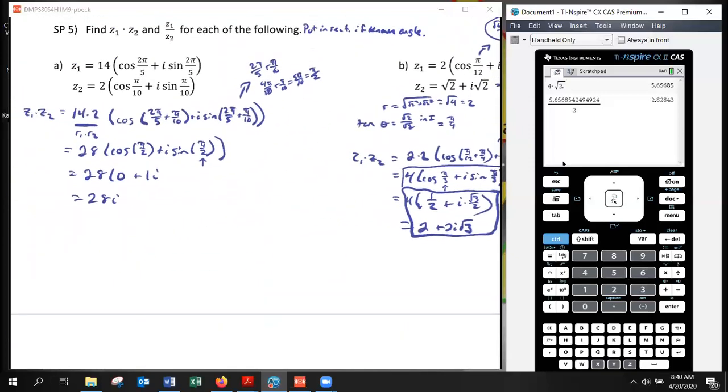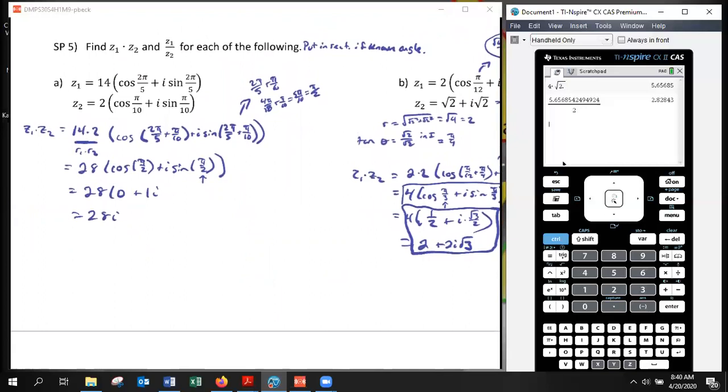Simple as that. So last thing that we get to do today would be, let's do this in that red color, that if I want to take Z1 divided by Z2, so that will be 14 divided by 2, because I'm dividing my radii, and then cosine of, now it's going to be subtracting, so 2 pi over 5 minus pi over 10 plus i sine 2 pi over 5 minus pi over 10.